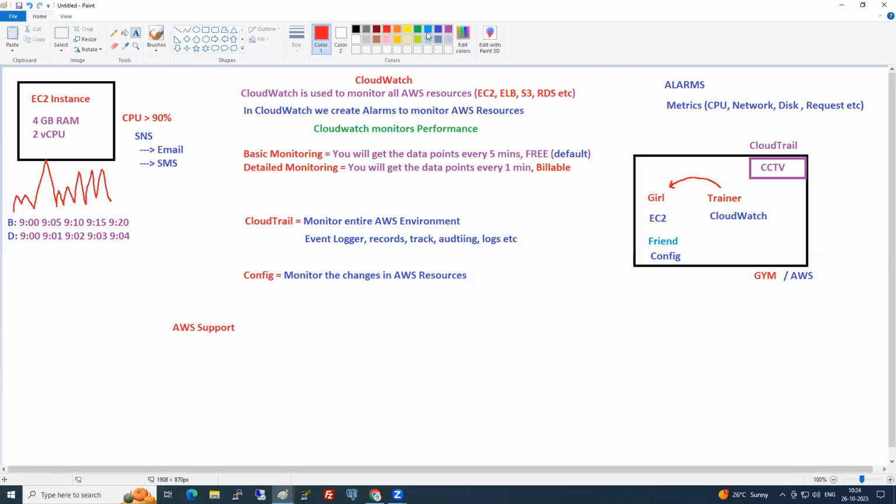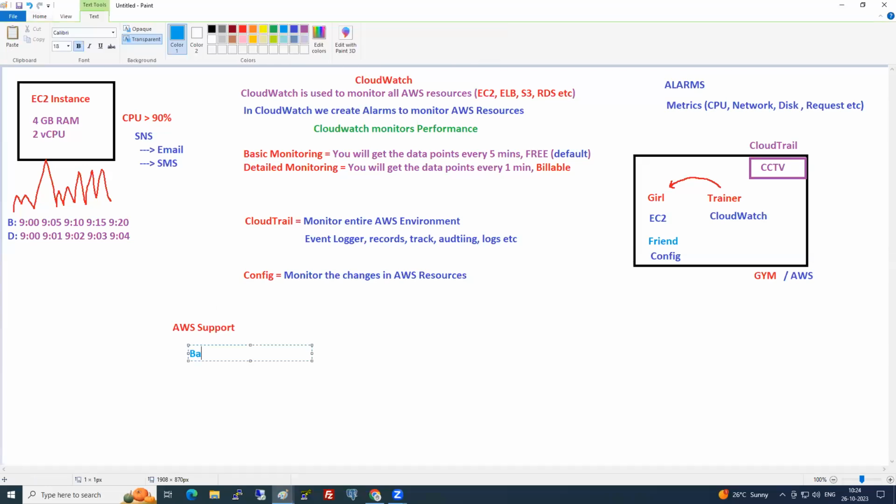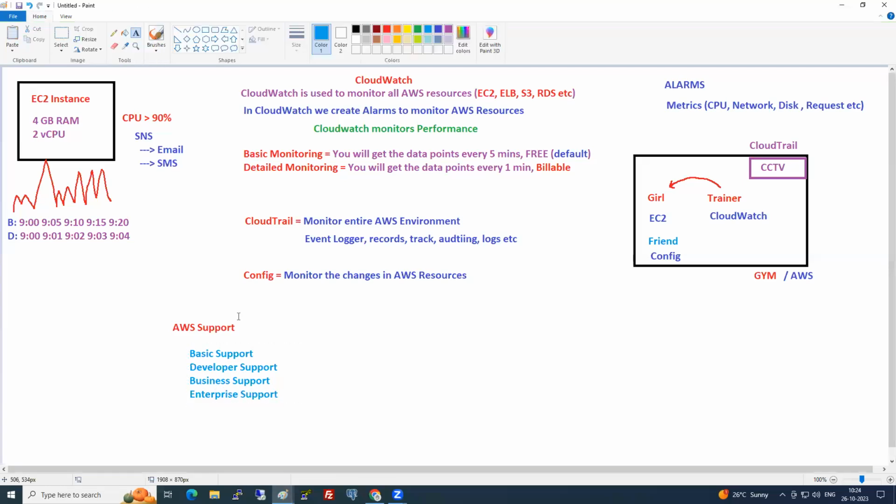There are different types of support. One, we call it basic support, developer support, business support, enterprise support. What are those supports? Basic support, developer support, business support, enterprise support.